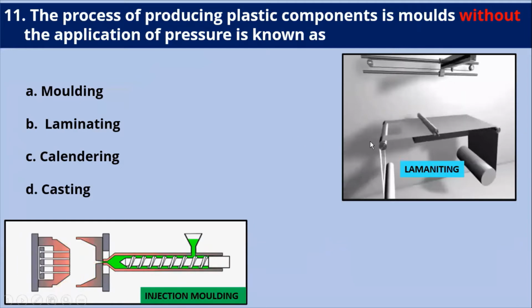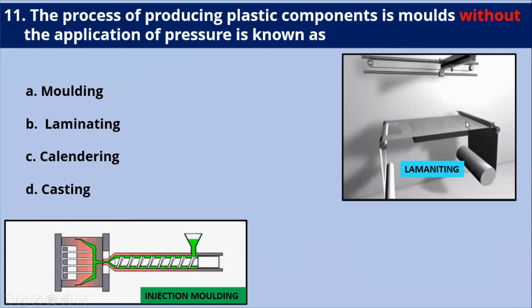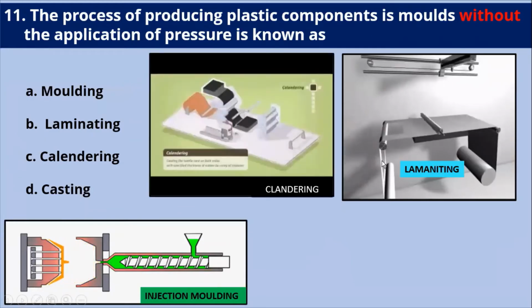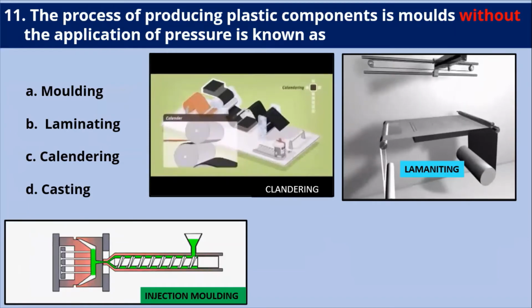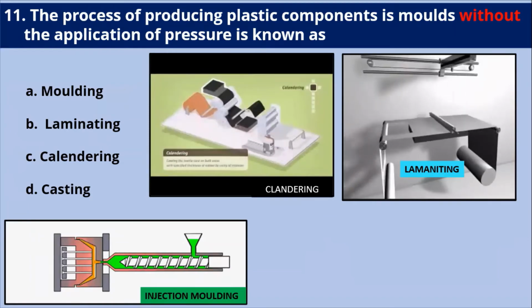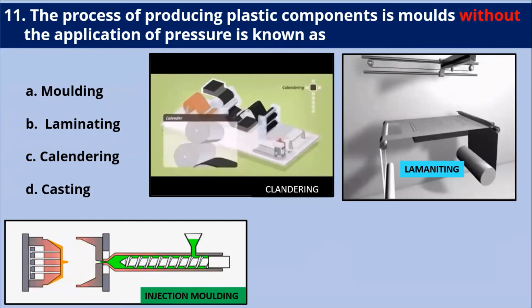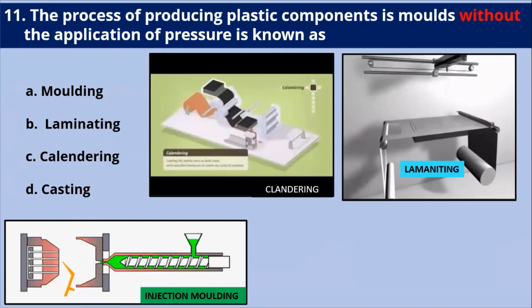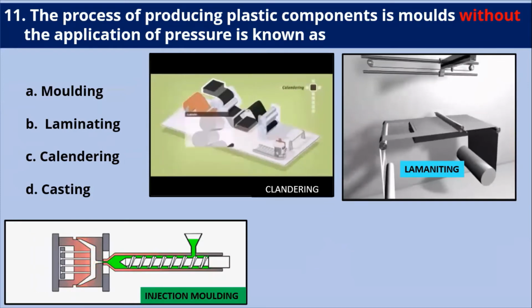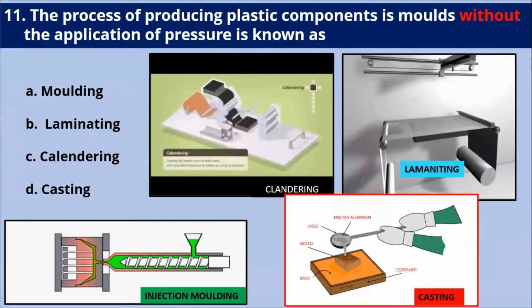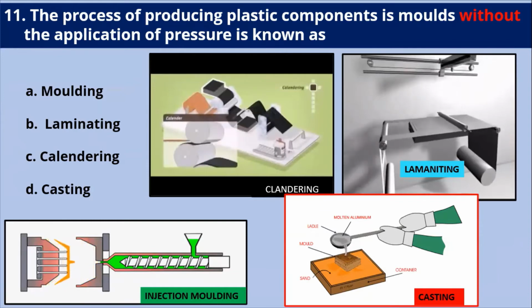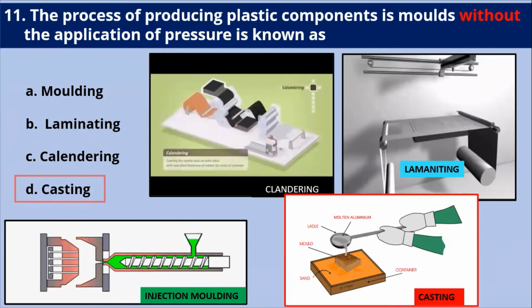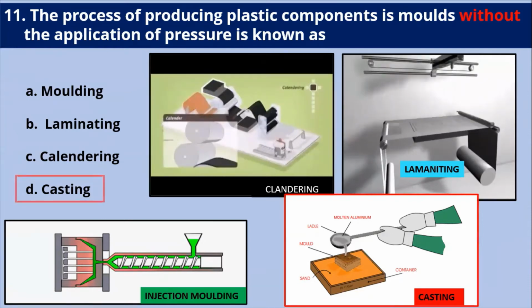In lamination, again the pressure is applied with the help of this roller. And even in calendering, the material is squeezed between the two hot rollers, right? So again the pressure has been applied by the rolls. But in the casting process, the molten metal flows into a cavity without pressure, and that's why our answer in this case is D, casting.